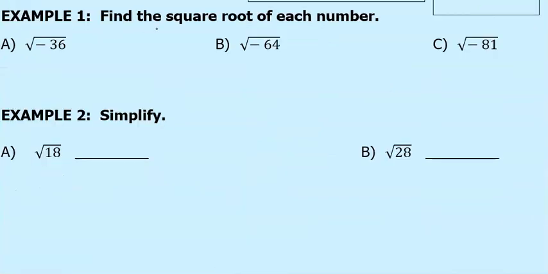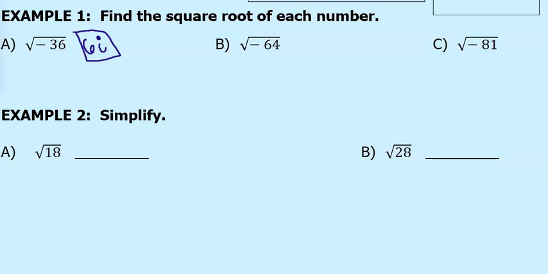Example 1. Find the square root of each number. A. The square root of -36. -36 is the same thing as -1 times 36, which would be i and 6. So we'd have 6i right here.